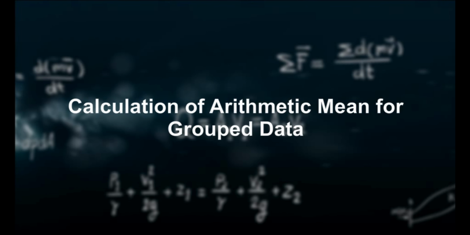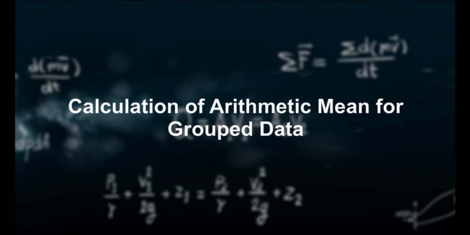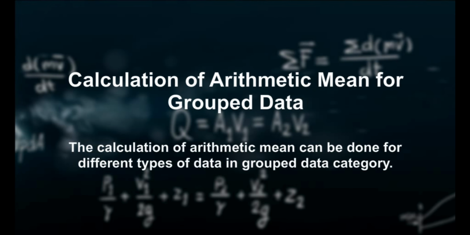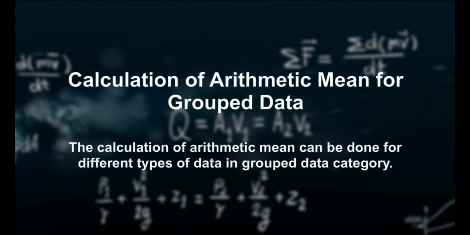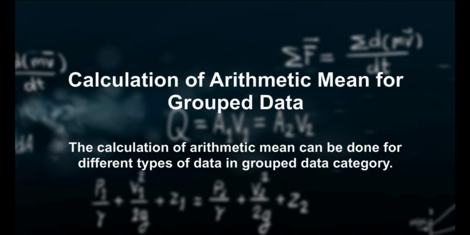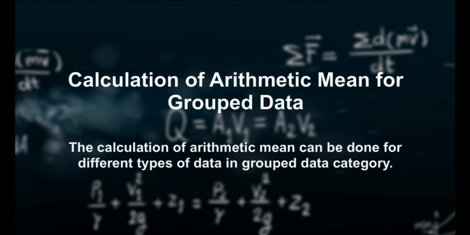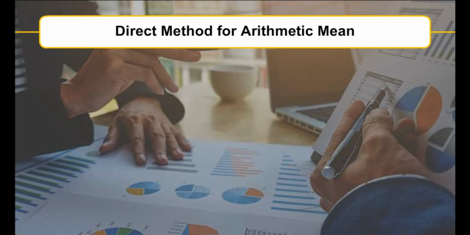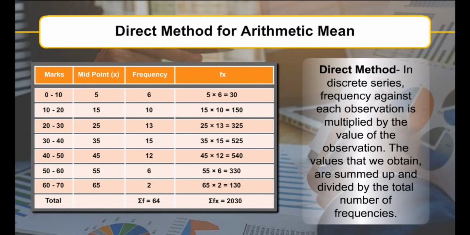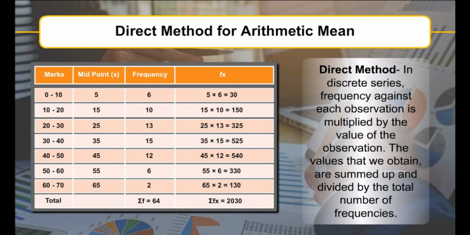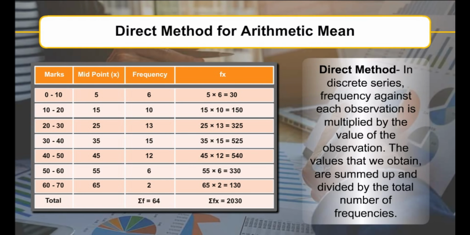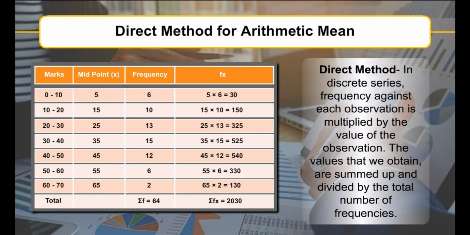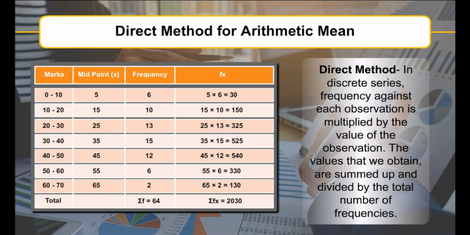Calculation of arithmetic mean for grouped data. The calculation of arithmetic mean can be done for different types of data in the grouped data category. Discrete series. Direct method. In discrete series, the frequency against each observation is multiplied by the value of the observation.